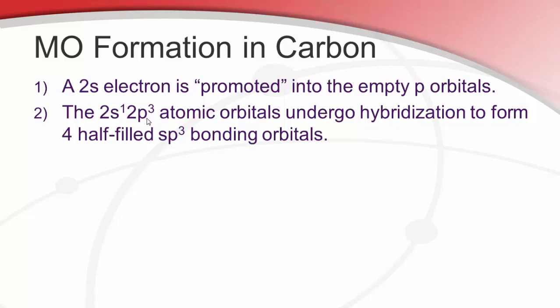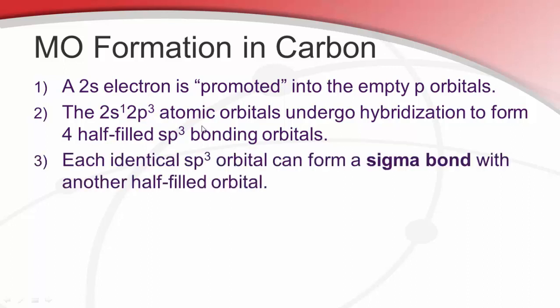And so in addition to pushing that extra s electron into a p orbital, the other s orbital takes on some p character.